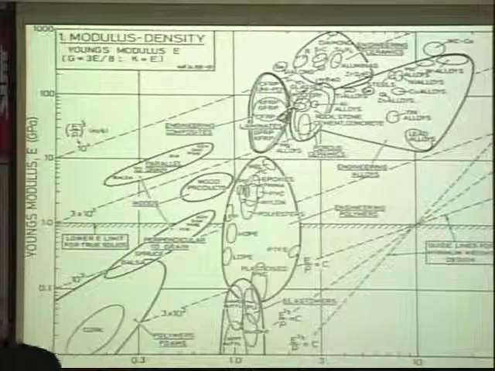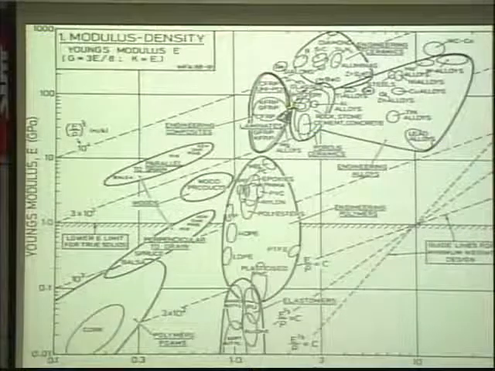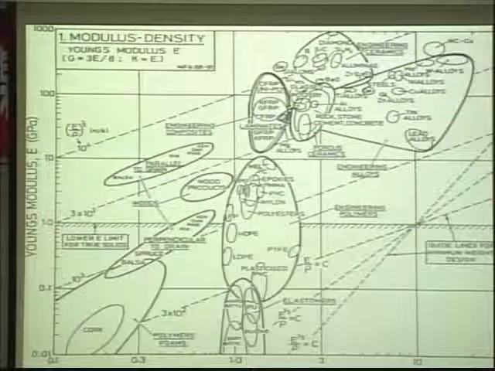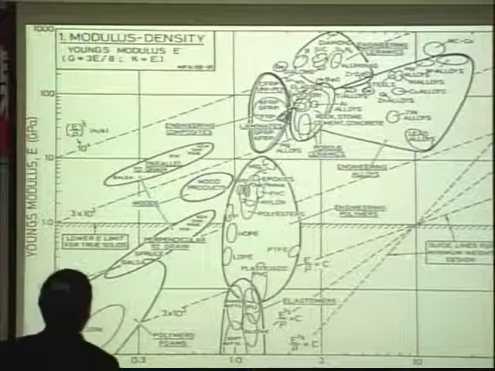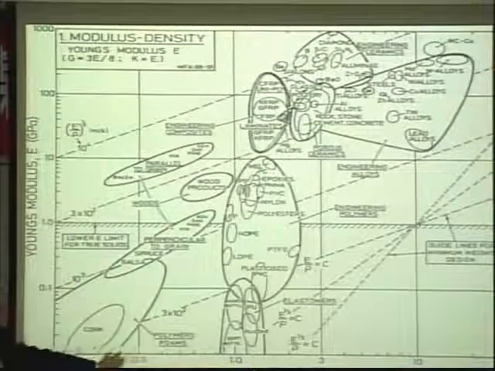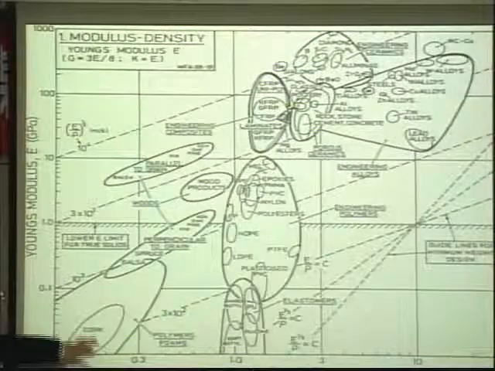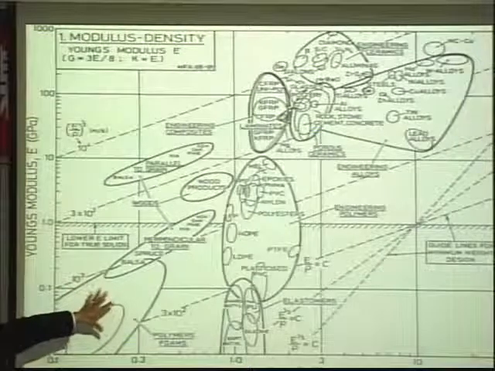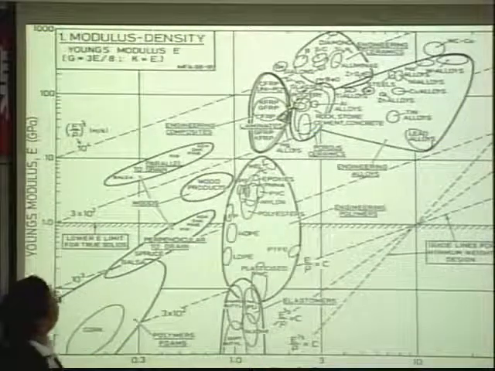That is sort of an indication of strength. If you look here, most of the polymers are lightweight, but the modulus is not so good. The stiffness is not so good.